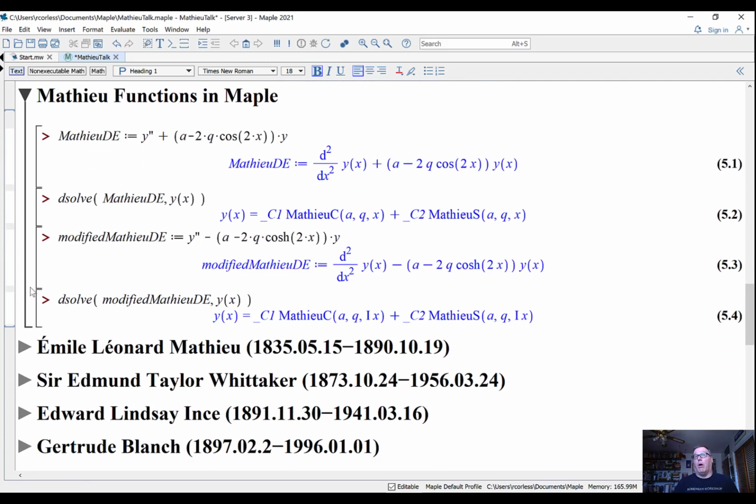And what are Mathieu functions? What are the Mathieu differential equations? The Mathieu differential equation is a second order linear, non-constant coefficient differential equation: y double prime plus (a minus 2q cosine of 2x) times y is equal to 0.